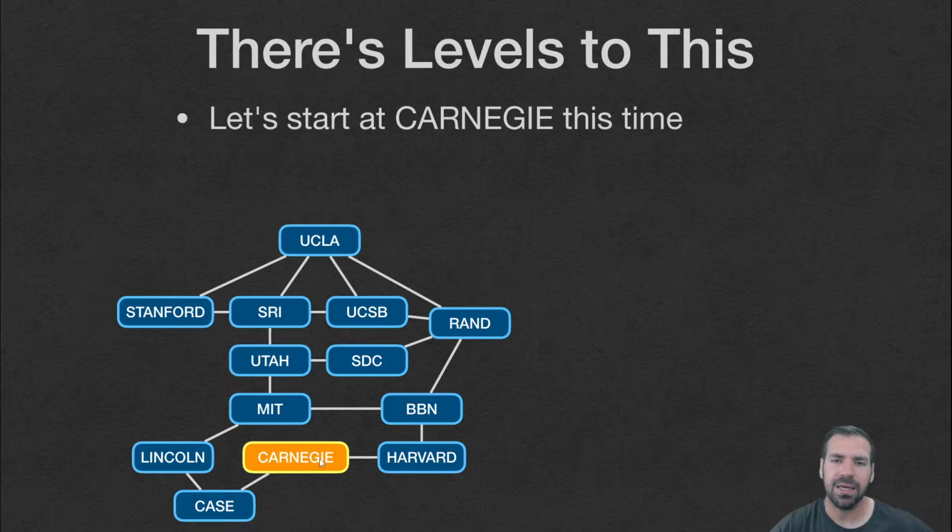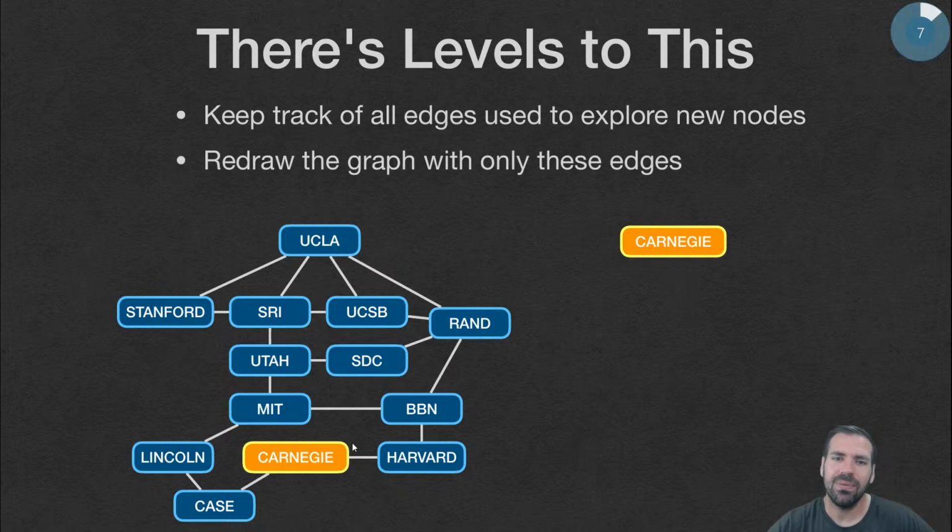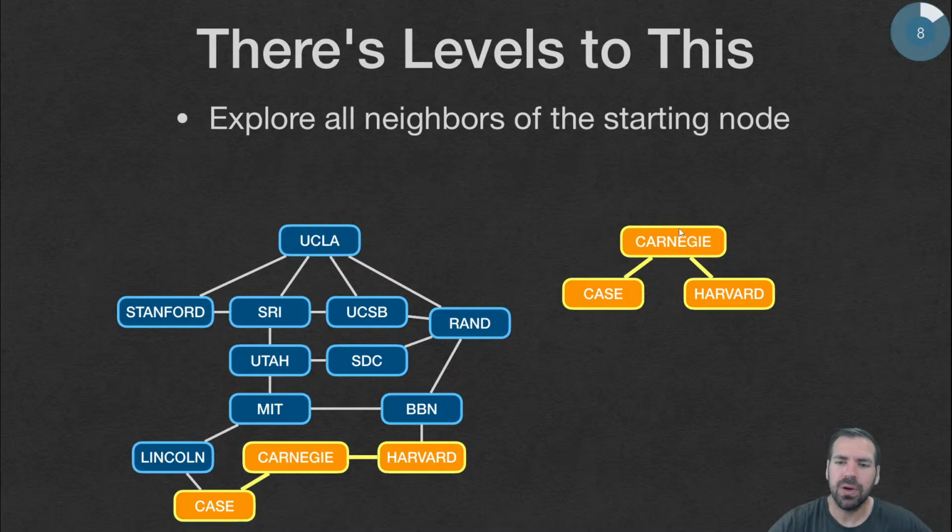When we explore a node, we're going to represent that node over here in a separate data structure, where we have the node Carnegie. Whenever we explore a new node, we're going to draw in the edges that we used to discover those new nodes, and we're going to go visually lower every time we explore a new node.